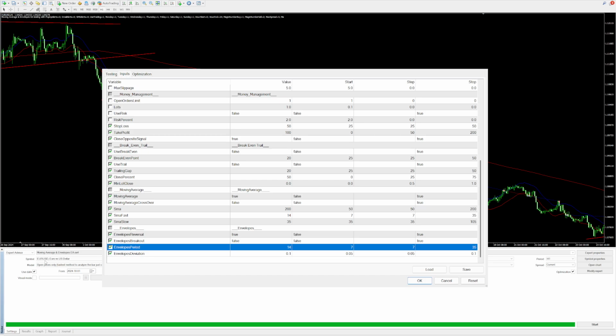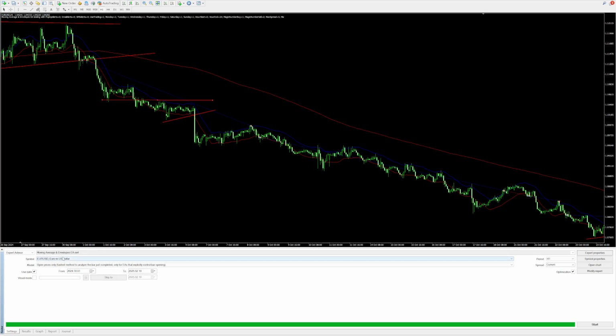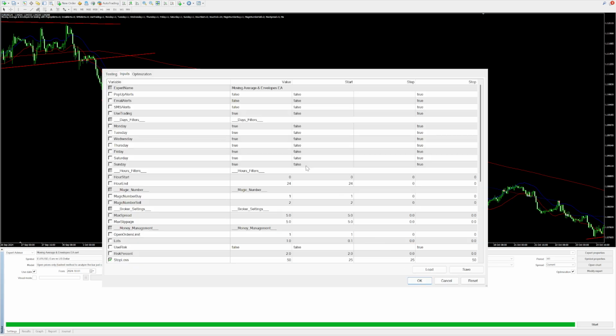So in this instance, the euro dollar for the last 4 to 5 months on the 1 hour chart time frame. You can of course choose any instrument you wish, any time frame, and any historical data, for the last 5 months, 10 months, a year, 2 years, 3 years, 5 years, 10 years, whatever you like. Have the optimization checked and you will get the results.